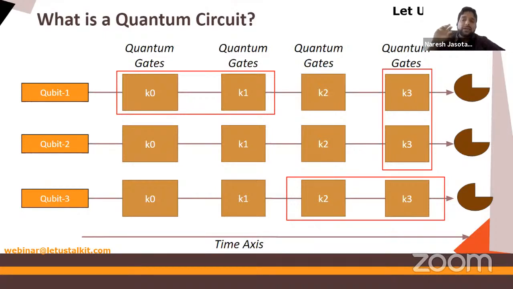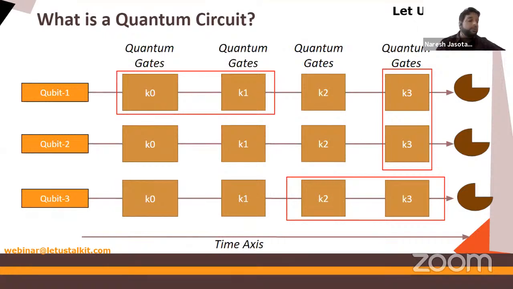And these gates could be of multiple types, like H gate, RX gate, Y gate. There are a lot of gates, which is out of scope of our discussion today. We're going to discuss gates at some other point. This is how you would do a quantum computation based on the quantum circuit.